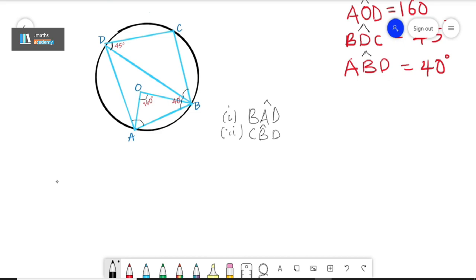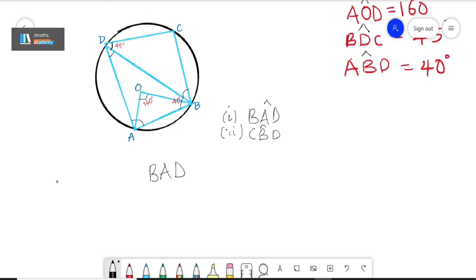In order for us to find the angle BAD, if we look closely at the diagram, we can see an arrow-headed shape where the angle at O is equal to 160 degrees. Remember that when you have an arrow-headed shape, it implies that the angle at the center is twice the angle at the circumference.